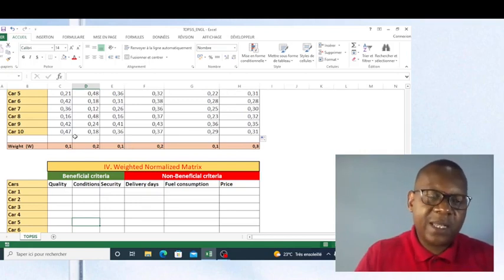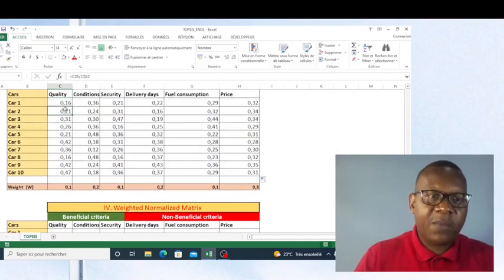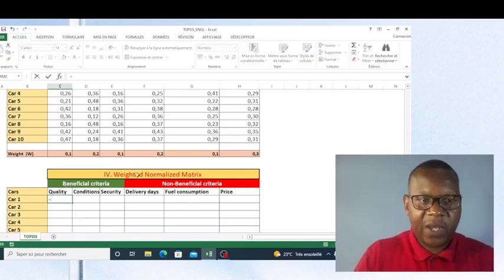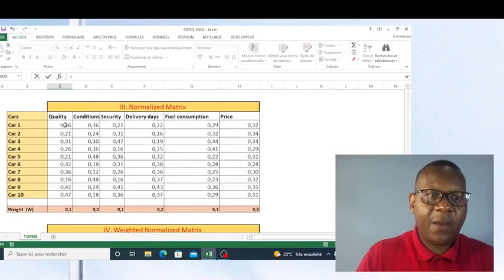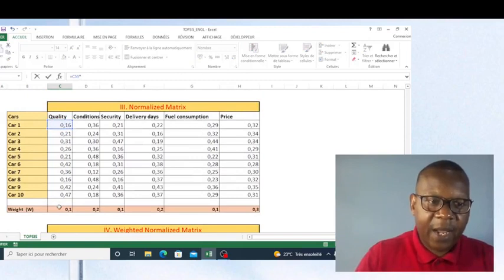That means we have to multiply each value of our normalized matrix by the weight of our criterion. Let me show you how you can do it. It's very easy when you work in Excel: I take this value and multiply it by this value.